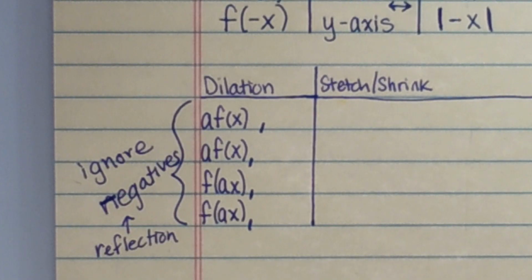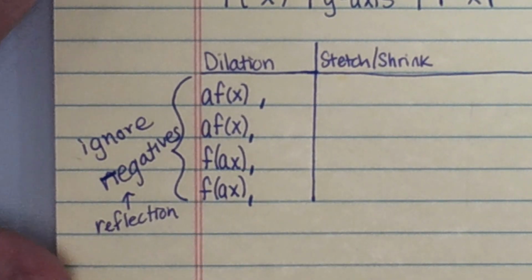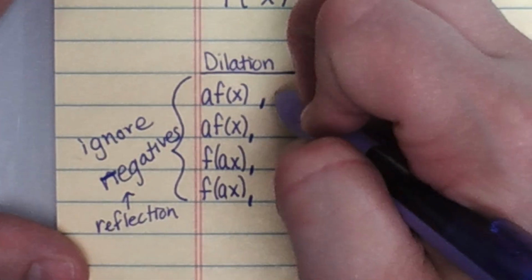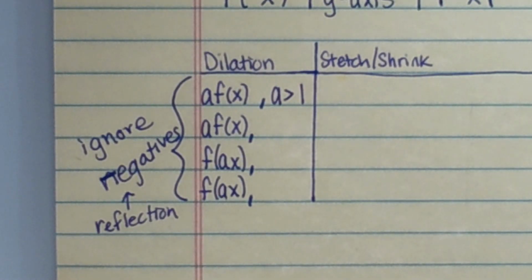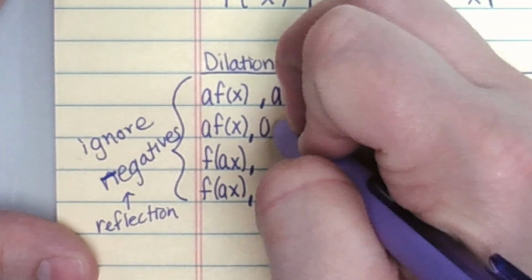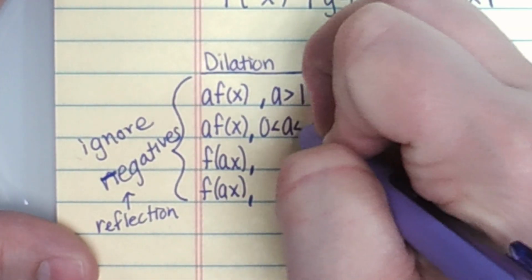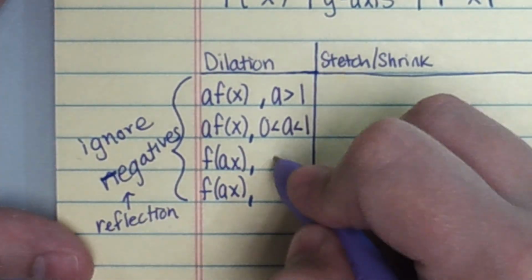You just look at the value of the digit for A. So if there was a negative 5 in front of something, the negative's a reflection, the 5 is the dilation. So, you can have the situations where A is bigger than 1, or where A is between 0 and 1 for each of these.